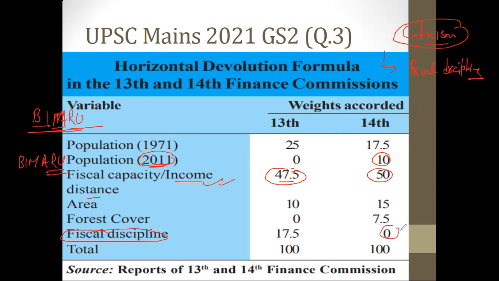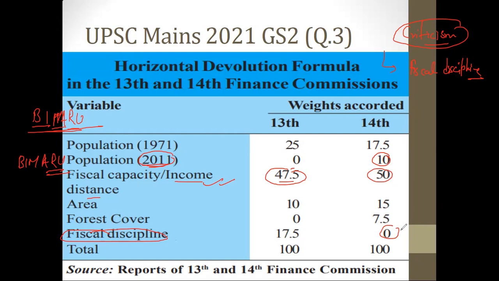So again, if they are removing the fiscal discipline part, in a way it will not help states in improving their fiscal position. I'll just give you a basic example. There are some states where, when election comes, they will say that these areas or these people will not pay taxes, etc. So they are garnering votes, but in that process their fiscal resources are decreasing.